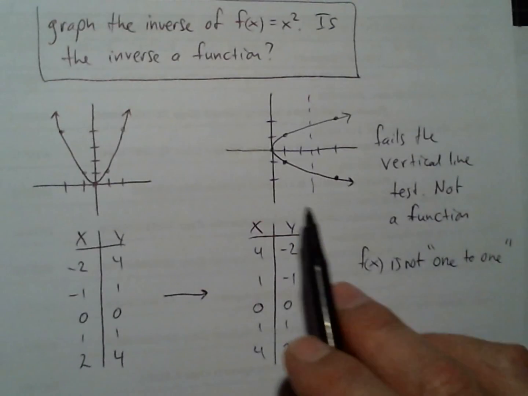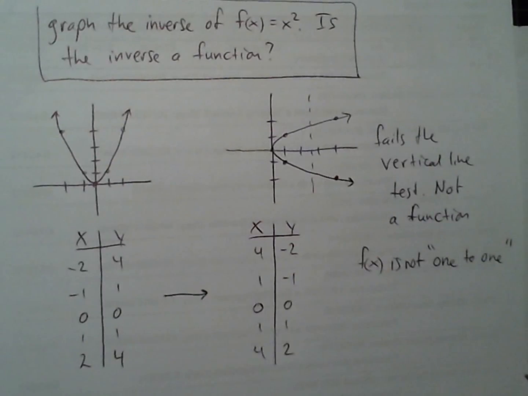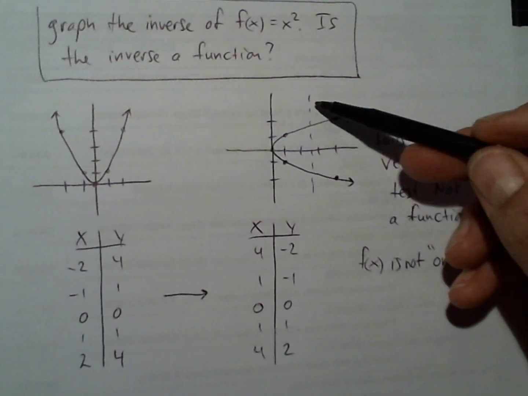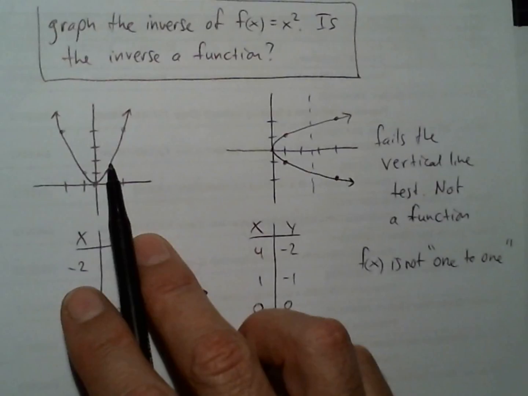If this is one-to-one, then this passes the vertical line test. All right. The vertical line test on the inverse is the same as the horizontal line test on the function.